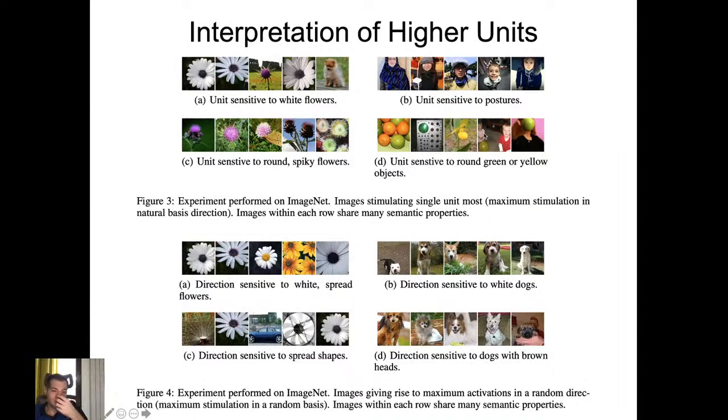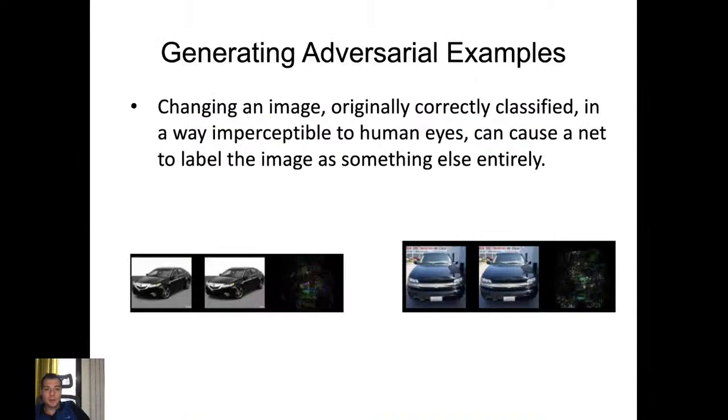So you observe this pattern, but if you do this random projection, you also see that you will find units that activate again to some specific pattern. So this is round flowers, dogs with brown heads, and so on. So yeah, this is the first property that they found.